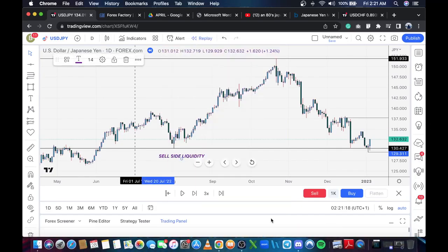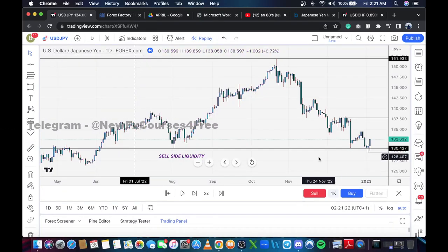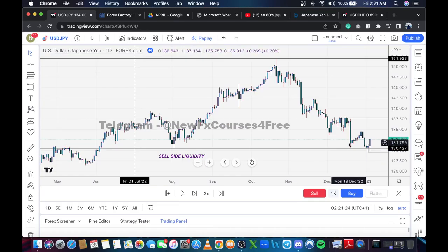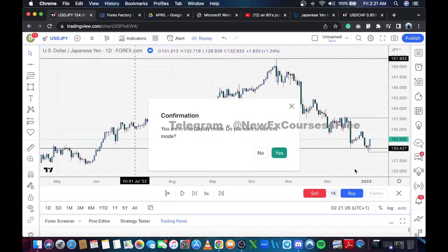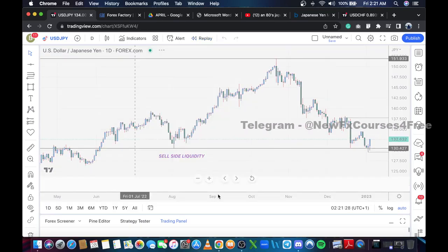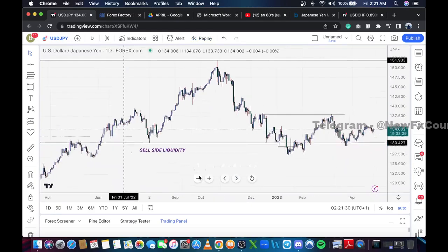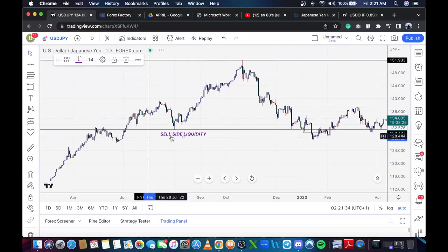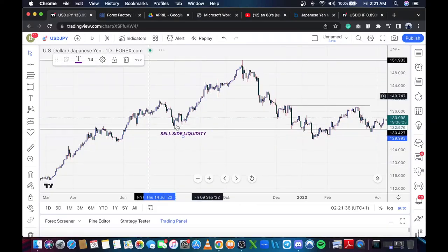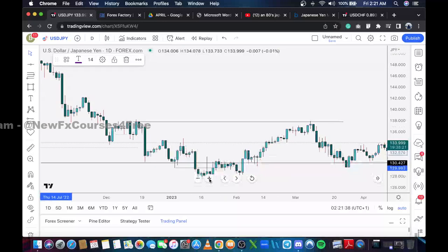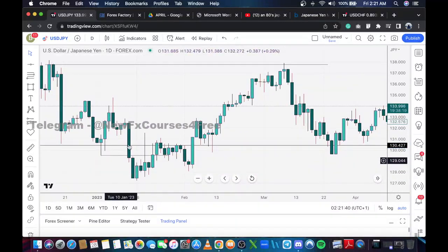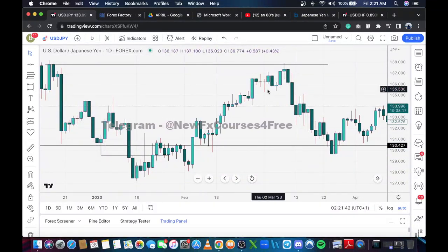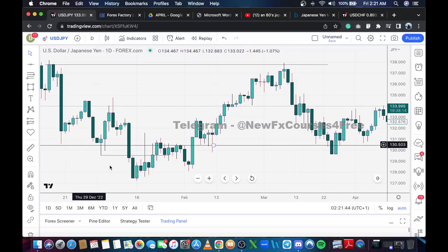So here is that sell-side liquidity in price. What you can see there, let me get rid of the replay tool, is a longer term sell-side liquidity. But now external to this price swing, if you looked closely, you can see prior to the run lower and a shift in delivery, we had a short-term low.